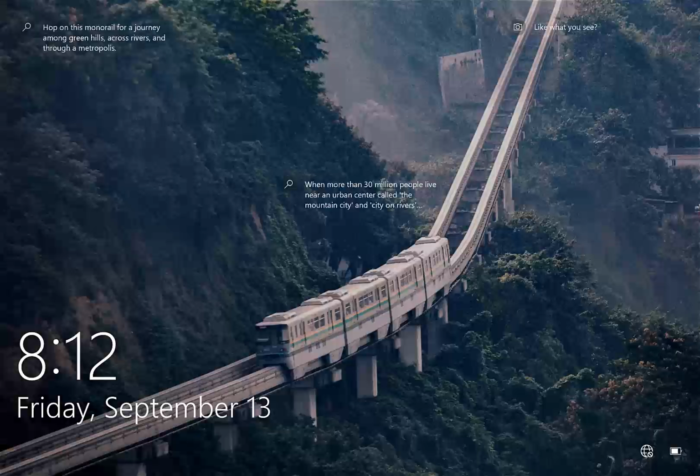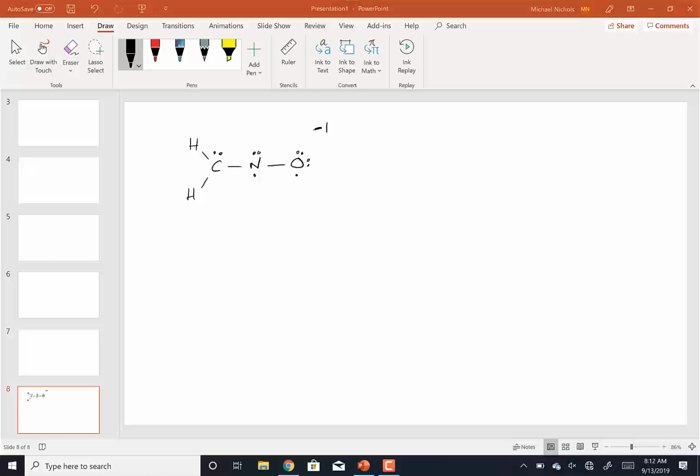Well, sort of, except the problem is it has unpaired electrons and it has uncompleted octets. So that's going to be two negative things against it.